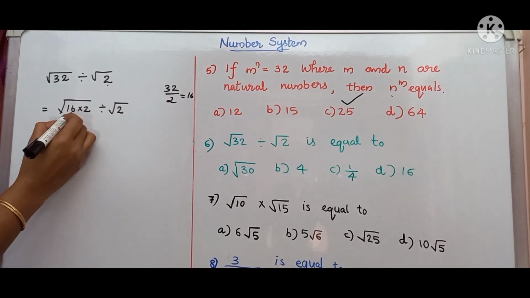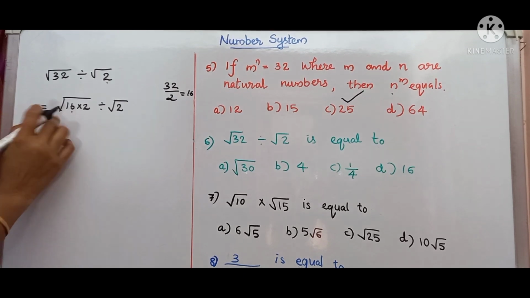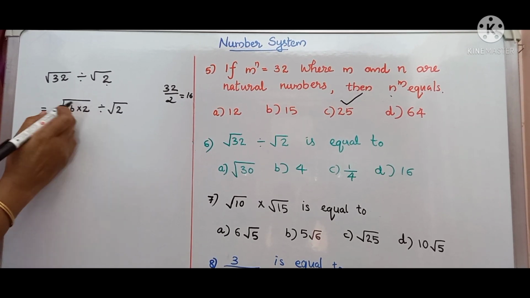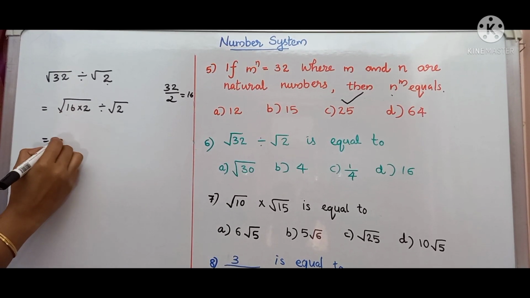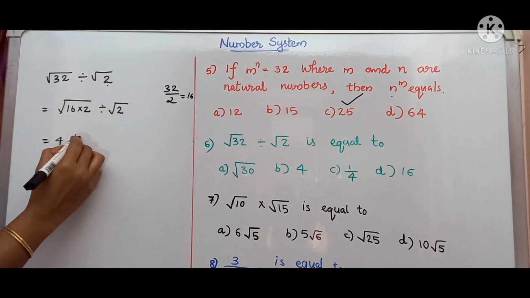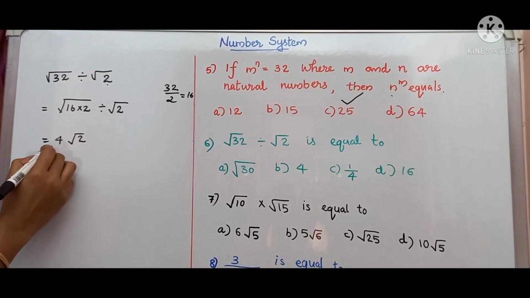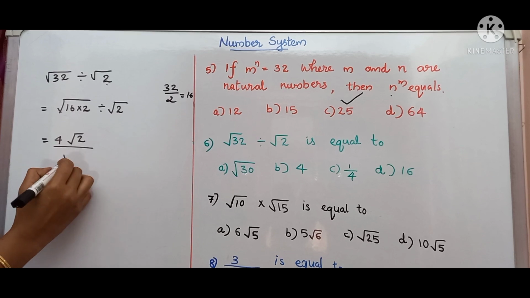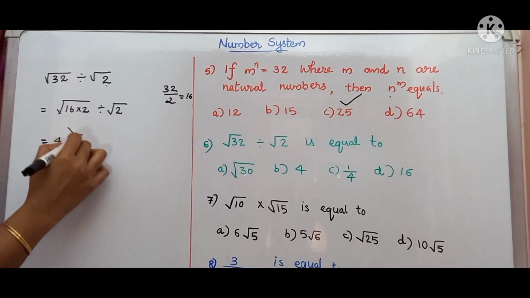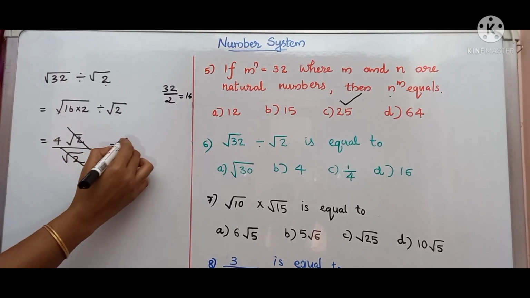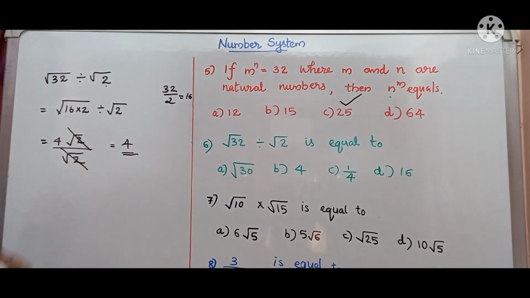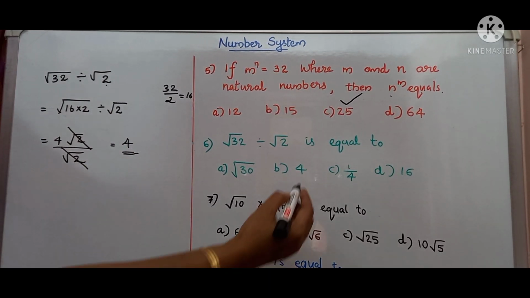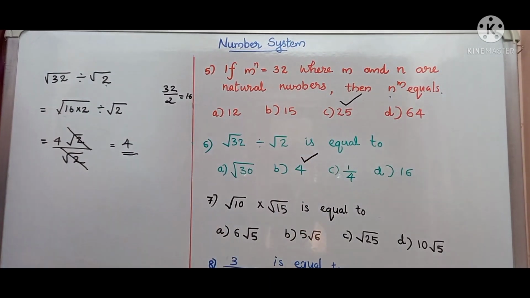If we take this 16 outside, square root of 16 is 4. Now it becomes 4 root 2, divided by the denominator root 2. Now we can cancel this root 2 and this root 2 and we are getting the answer 4. Then look at the option, yes, B. This is the answer.